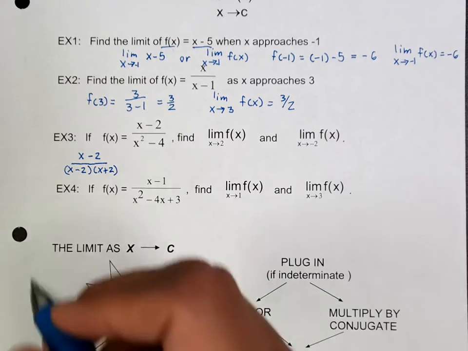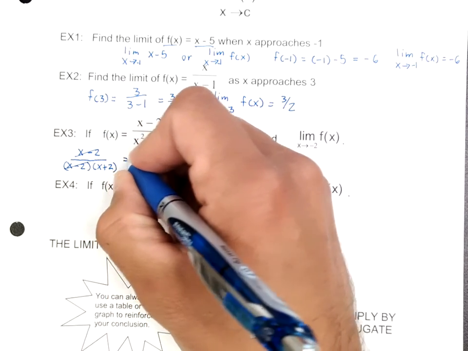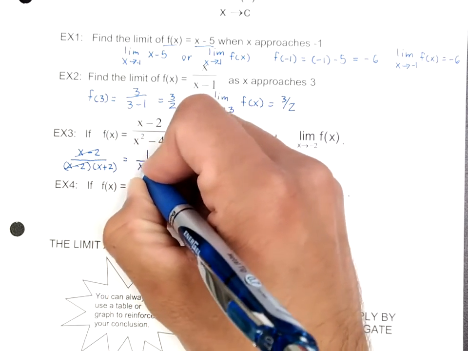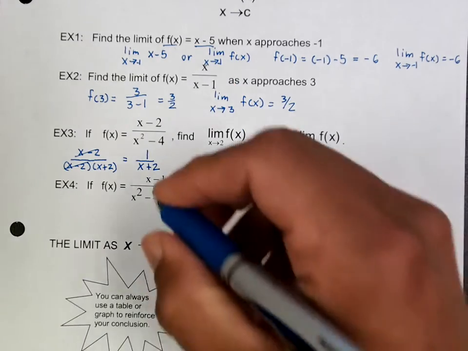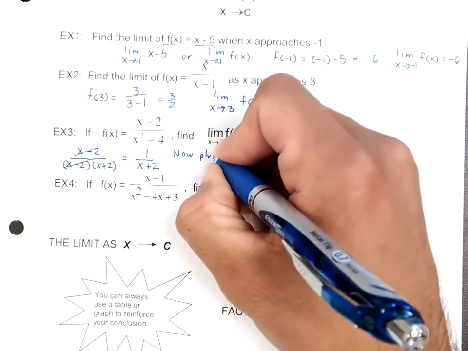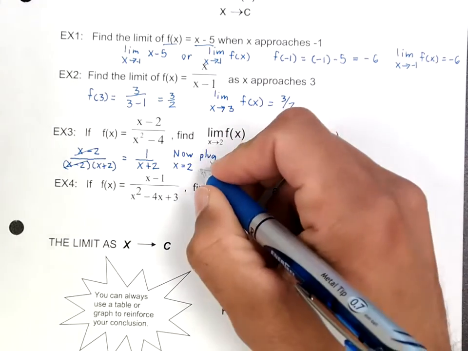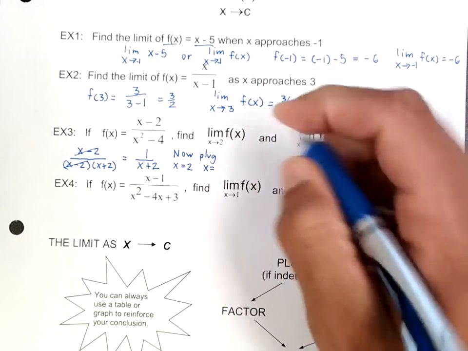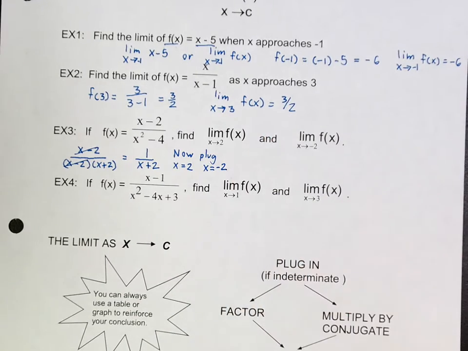Notice that this is going to cancel out, so this is equivalent to 1 over x plus 2. Now we can plug x is equal to 2 for this limit, and we can plug in x is equal to negative 2 for that limit, and then see what happens.